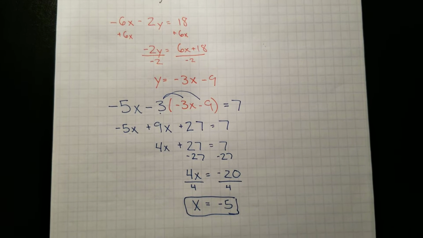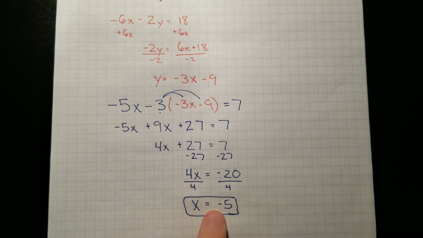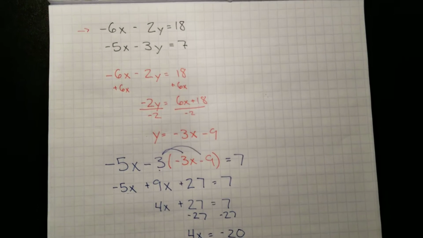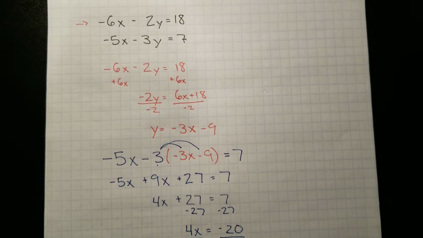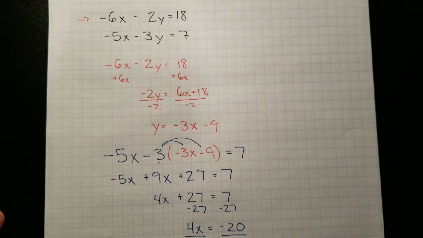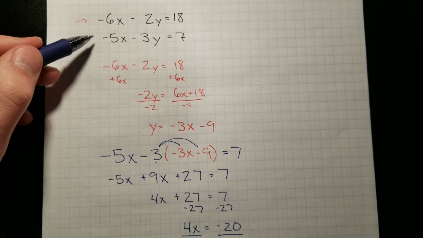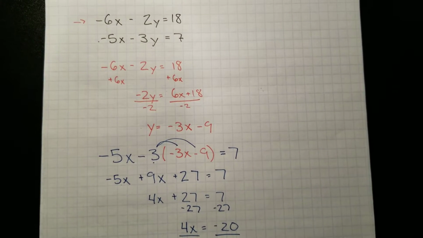Now, to solve for the other half, we're going to have to take that value and plug it into one of my original equations. So if we go up to the top, I can pick out one. It doesn't exactly matter which one I choose, so I'm going to go with, we'll use this bottom equation.